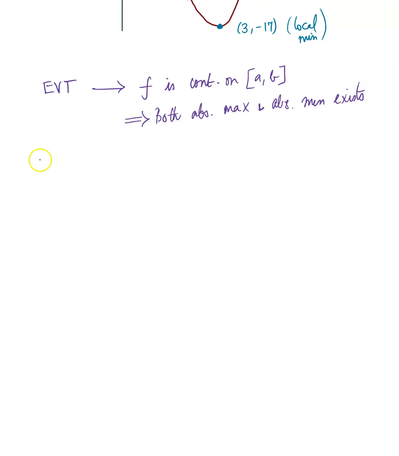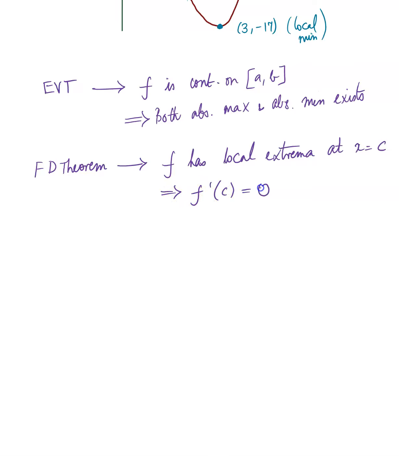And then we had the first derivative theorem, because there's also a first derivative test. The first derivative theorem says if f has local extrema at x equals c, it implies f prime of c is 0. And what are the places where you'll find the possible extrema?